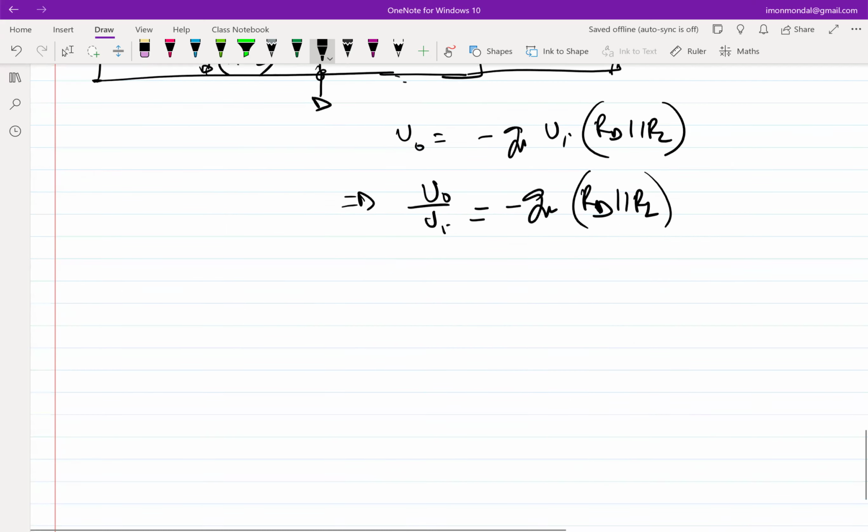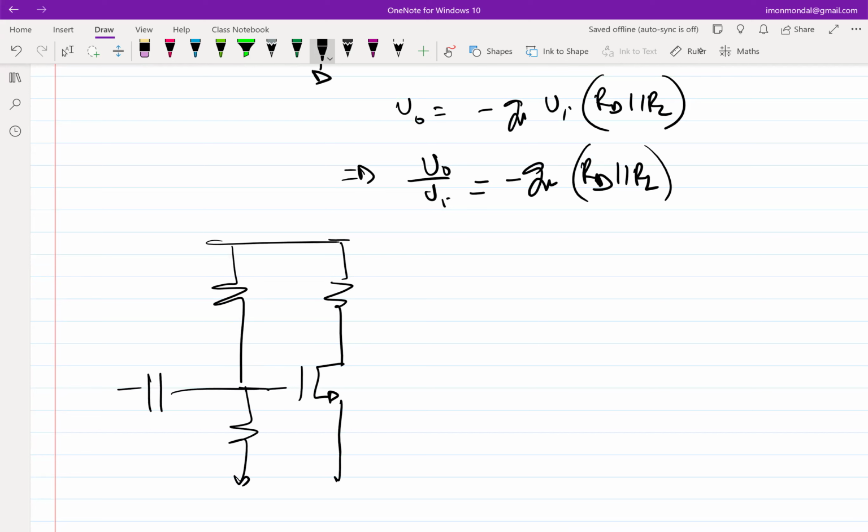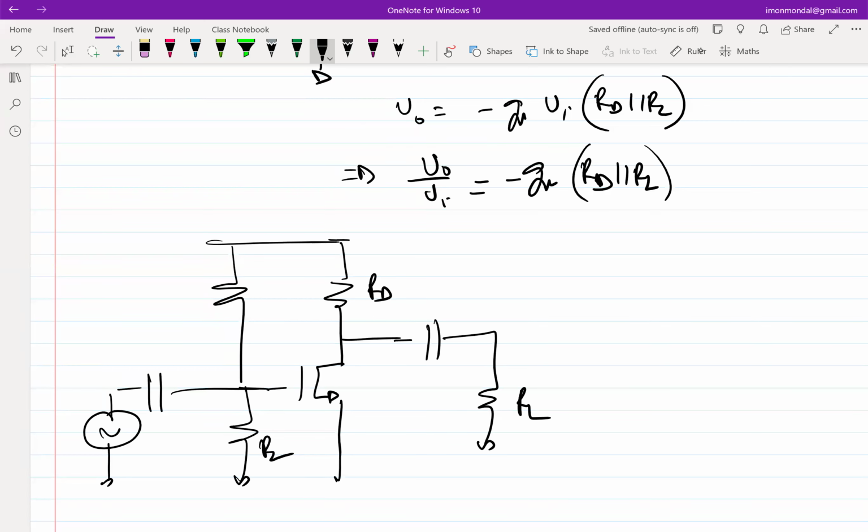So if I now go back to the total circuit, can you tell me what is the total current flowing through the transistor? The quiescent current was IDSQ, but when I applied the input Vi, what will be the total current?